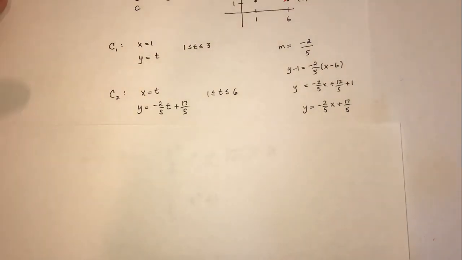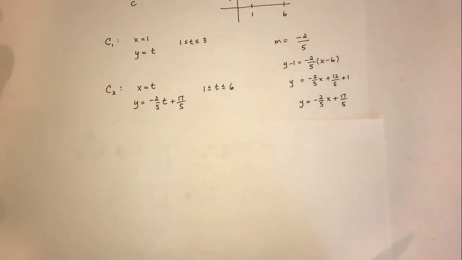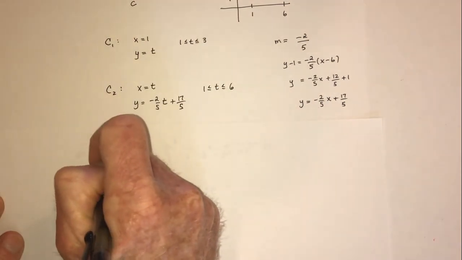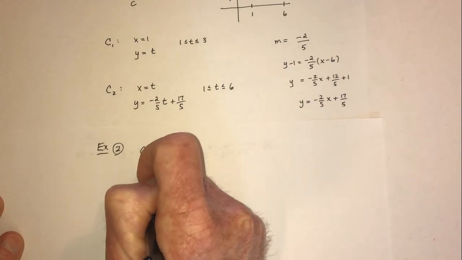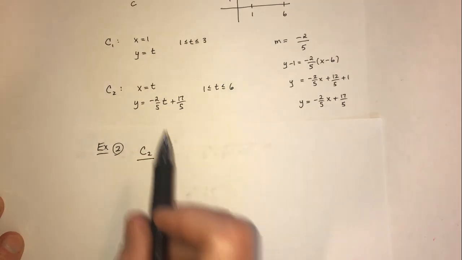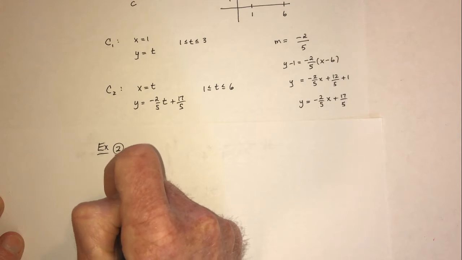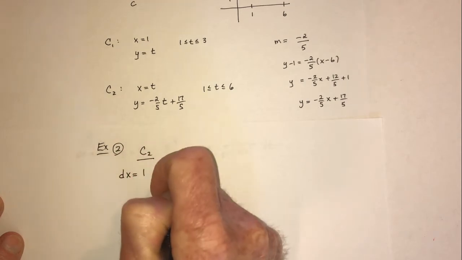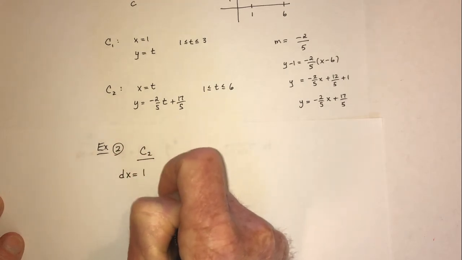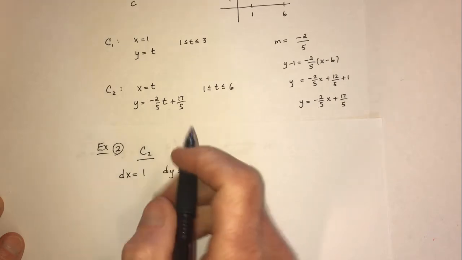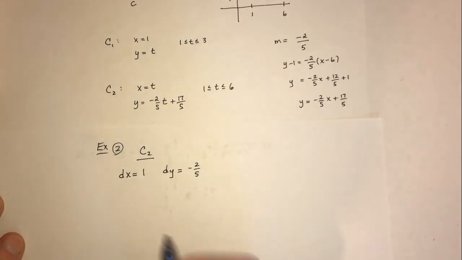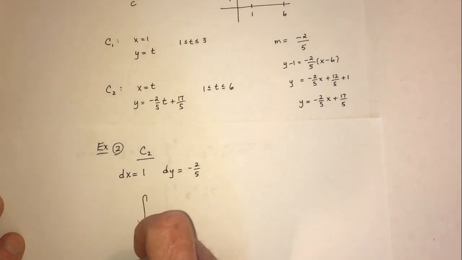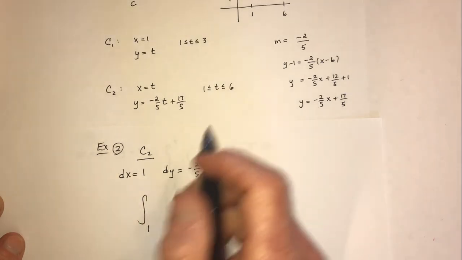Now, what about, this is example number 2 still. Now, what about for C2? So we need the derivative of x. That's going to be a 1. We need the derivative of y. That's going to be a negative 2 fifths. And then integrate from, for this one, it's 1 to 6.